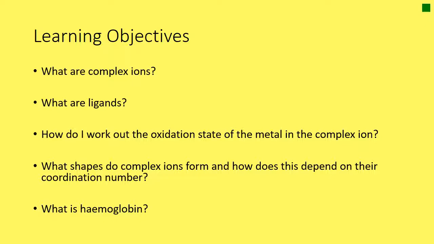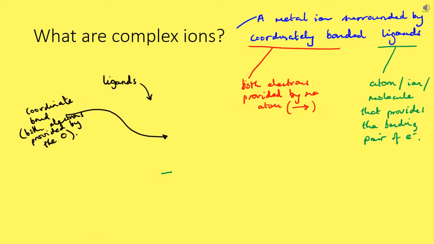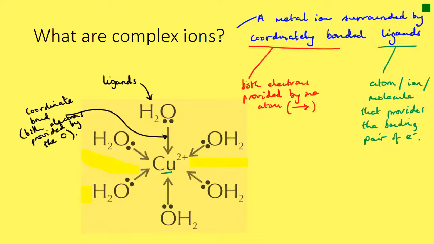Okay, so let's start off with our definition of complex ions. So a complex ion is a metal ion surrounded by coordinately bonded ligands.